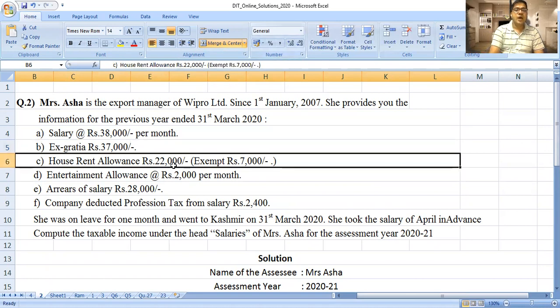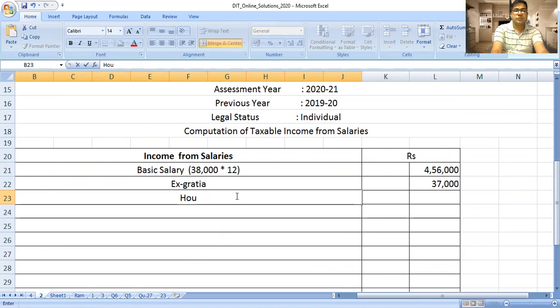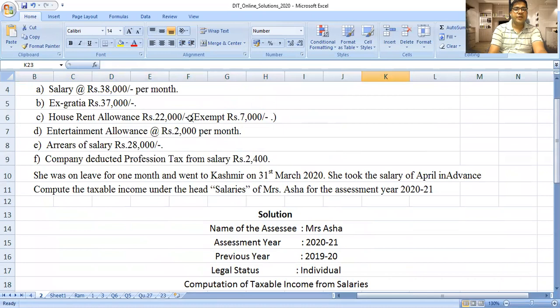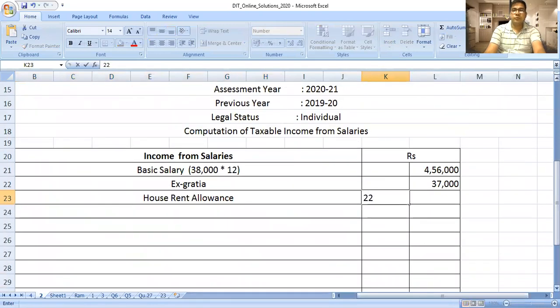Then they say that house rent allowance is 22,000 and exempt rupees 7,000. The house rent allowance is always taxable. They are providing 22,000, and the exempt value is also provided, 7,000. So we have to write here 22,000 less exempt. Exempt is non-taxable value.